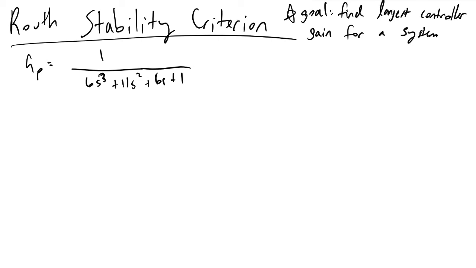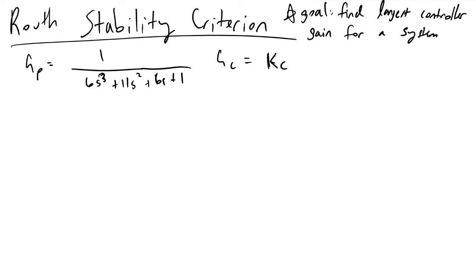In this example, we will also consider a simple P-only controller. So the input to our process will simply be Kc, which is directly proportional to the error present in our system.